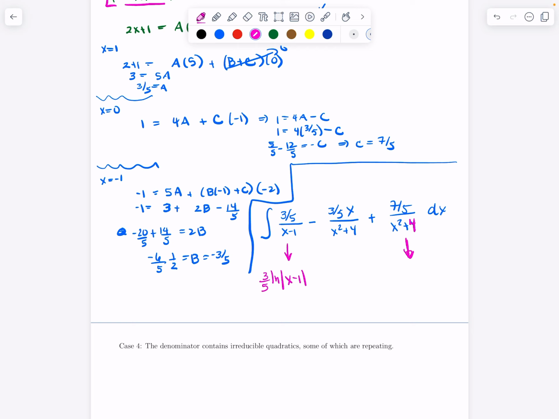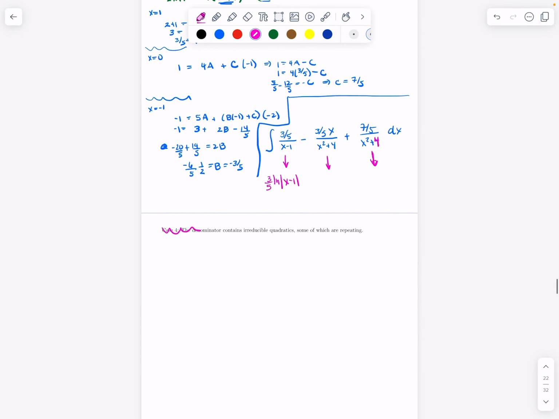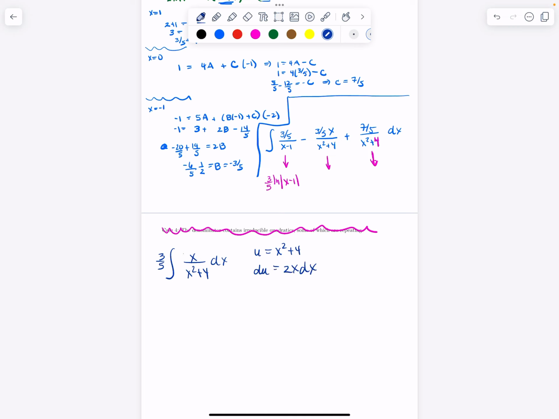And this one is actually just a u sub. So let's come down here. I'm going to get rid of this for a minute. And let's do our u sub on that first one. So if I have 3/5 times the integral of x over x squared plus 4 dx, I come over here and say u is this, du is this. I put in a 2, I take out a 1/2.